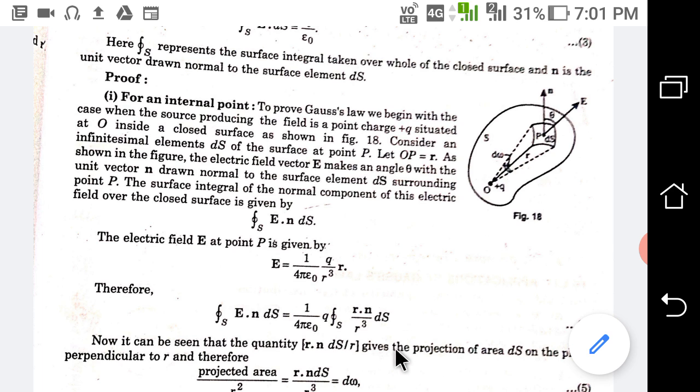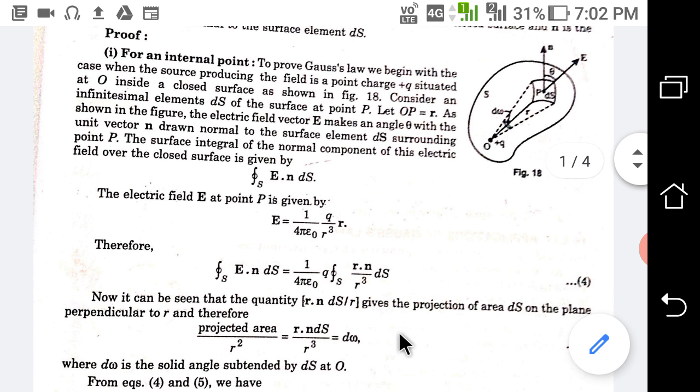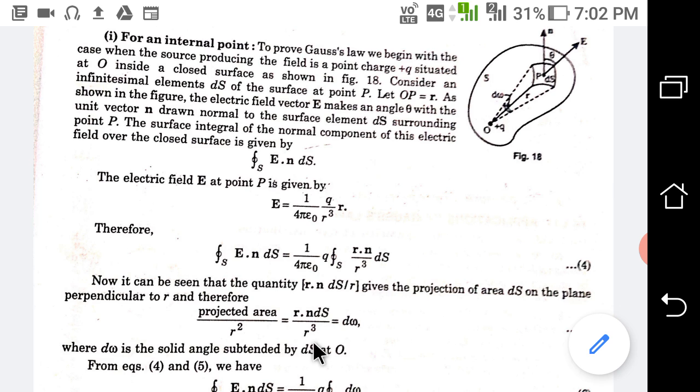Now it can be seen that the quantity r dot n ds upon r gives the projection of the area ds on the plane perpendicular to r, and therefore the projected area divided by r square is equal to d omega, that is a solid angle. d omega is called a solid angle.